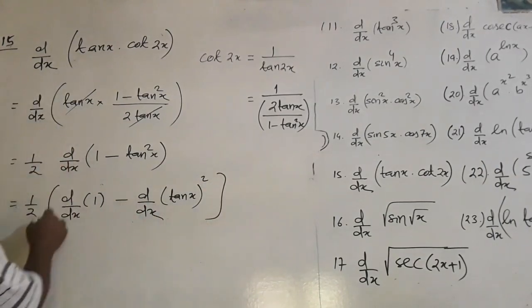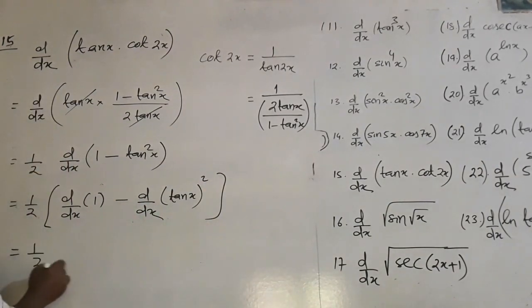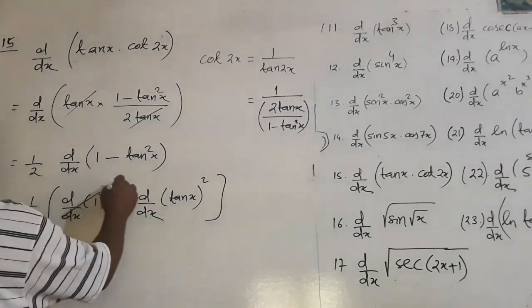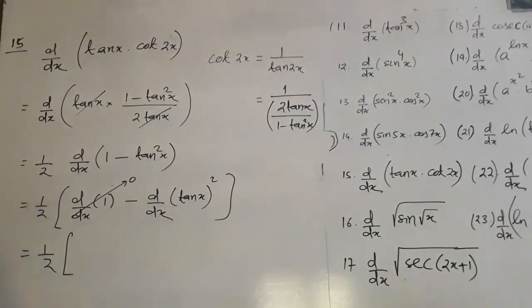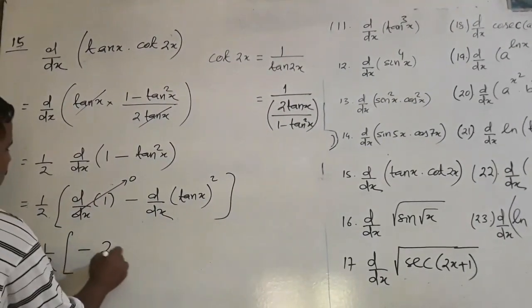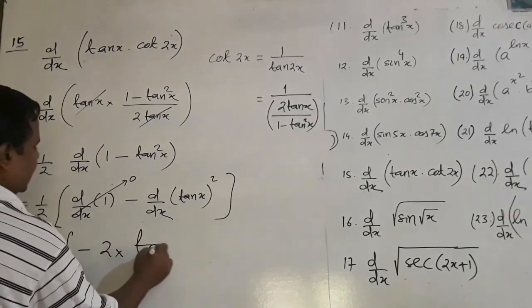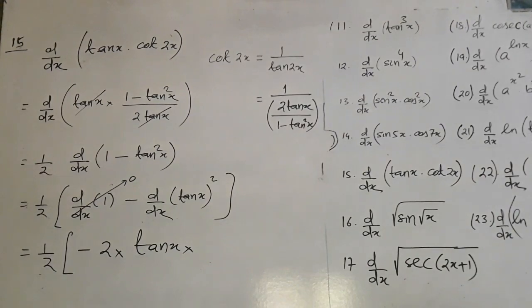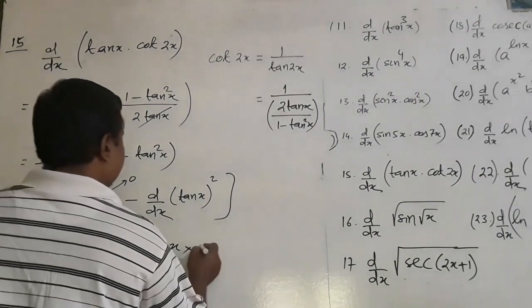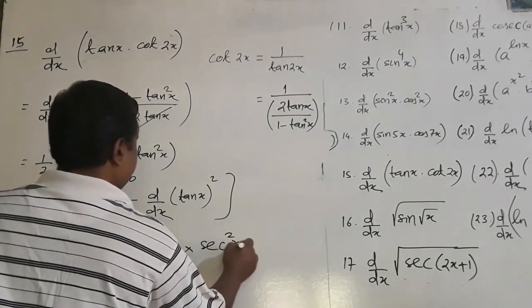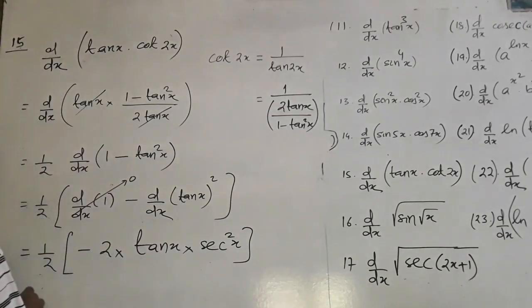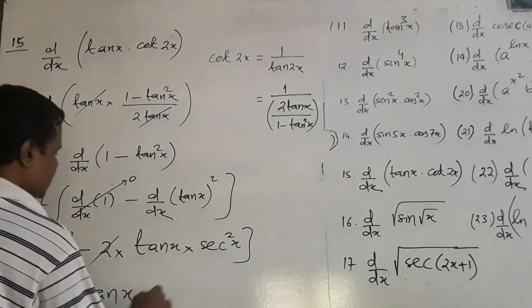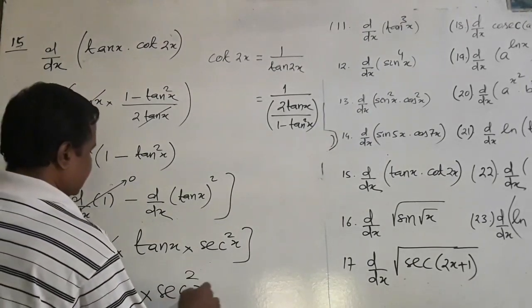Then 1 by 2, the derivative of 1 is 0, so it is not required to write, minus 2 into tan x into d by dx of tan x, and you know d by dx of tan x is sec square x. Now the answer is: minus 2 cancels, minus tan x into sec square x.